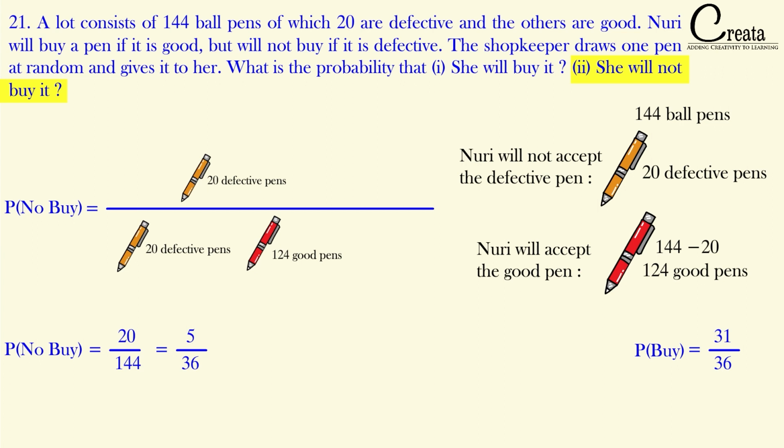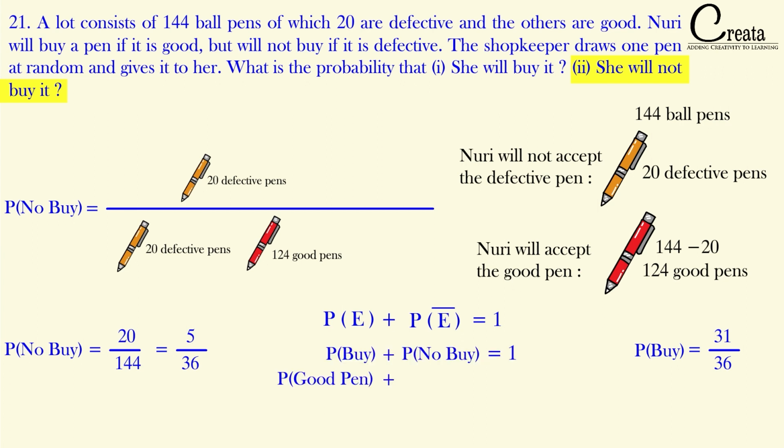We could have solved this second part using a different approach too. The approach is that we can use this formula, that is P(E) plus P(not E) is equal to 1. Here the event is the good pen. So can we say the probability of good pen plus probability of not good pen is equal to 1? Yes, we can say so. And here the probability of not good pen is basically the probability of defective pen. We have just rearranged the wording.